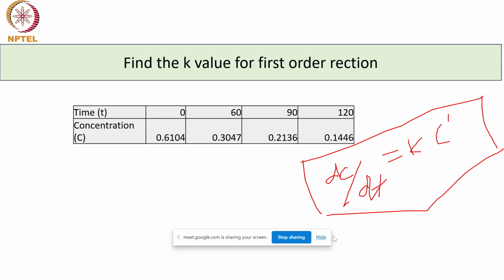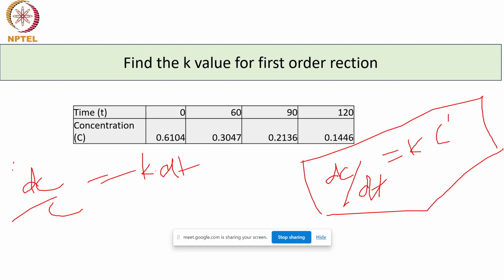Okay, so you just try to integrate this one. From this equation, dC by C equal to k into dt.